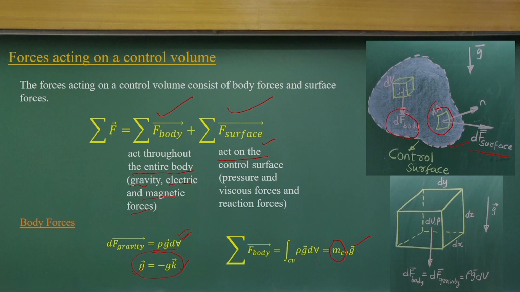Many times we align the z axis with g downwards, and then we use the negative sign. But with different orientations of the control volume, you can consider g as a vector quantity with scalar components gx, gy, gz in the respective x, y and z directions.